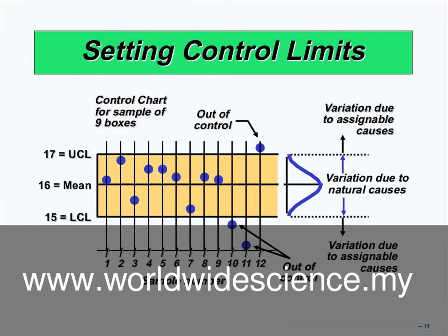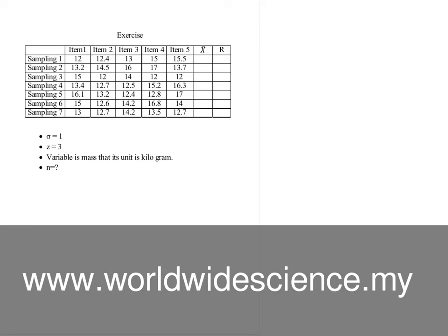Vertical axis is range. Every sampling has its own range and gives you 1 point. R in sampling 1: sampling 1 has R equal to 3.5. Sampling 2 has R equal to 3.8.